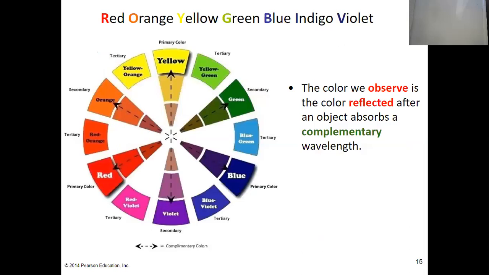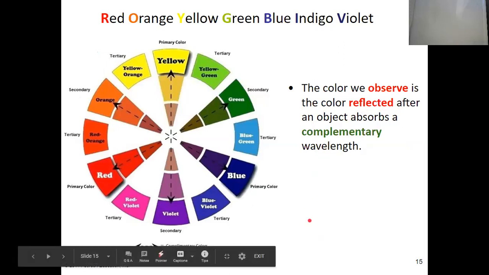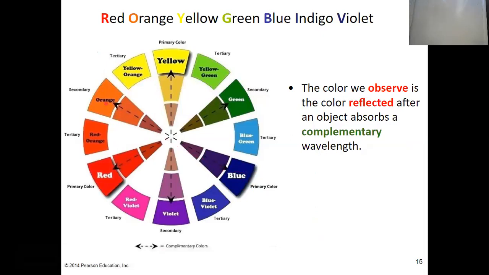Now it is important to note that whatever color we are actually observing is the color that's being reflected after an object absorbs the complement. So when we are seeing something like the color blue, that means that the color orange, or the wavelength associated with orange, is what's being absorbed by the object we're looking at.